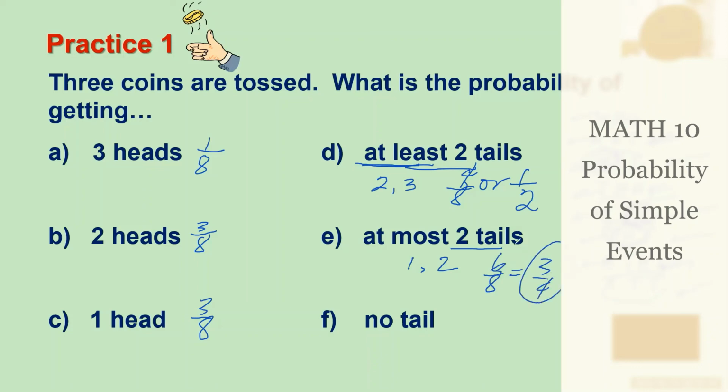Agree? Tama ba pagkabilang ko? 3/4. And no tail at all for letter F. Ito yung pinakamadaling tandaan. Yung walang tail, edi yung all heads, so nag-iisang outcome. So 1/8.